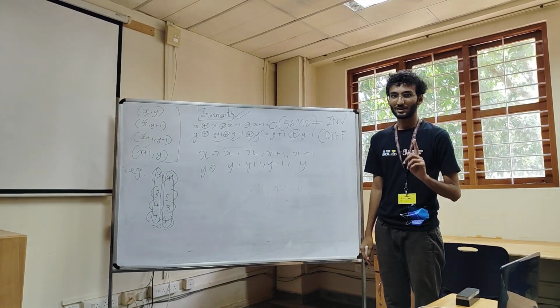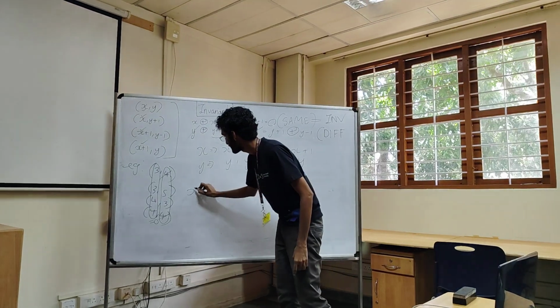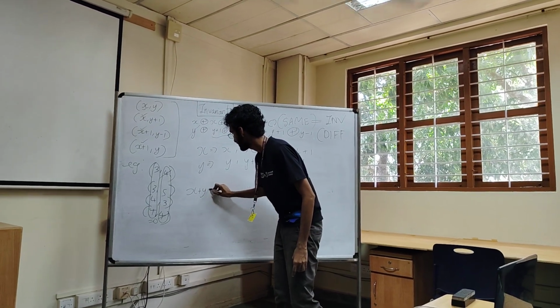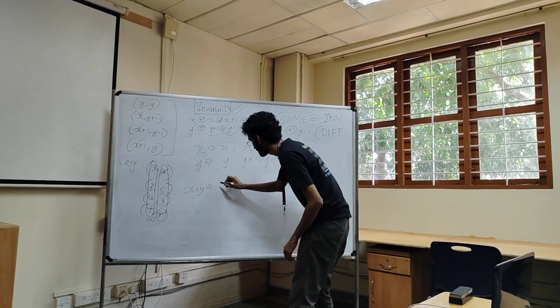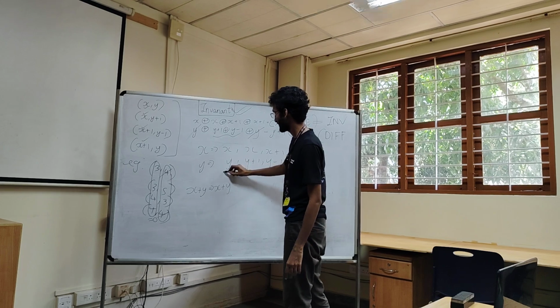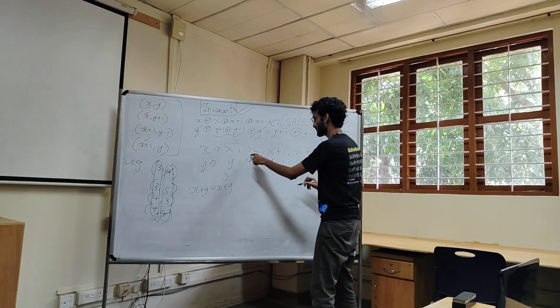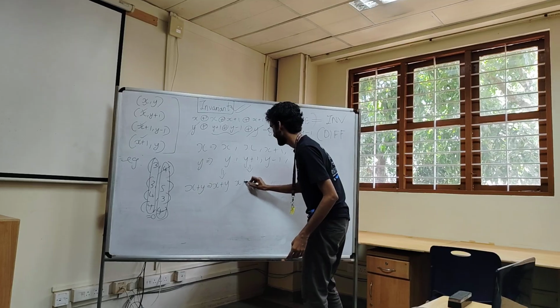Now observe something, okay? Imagine if you had taken x plus y. So if you take x plus y, what is it? x plus 1. Right? So x plus y is x plus 1. What is x plus y plus 1? x plus y plus 1, right?